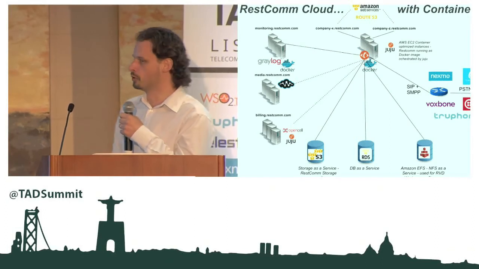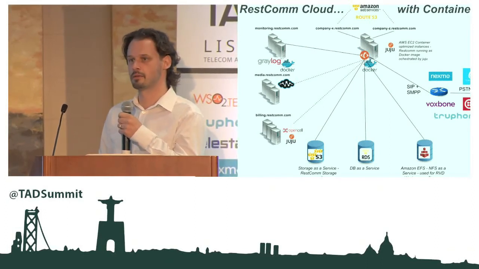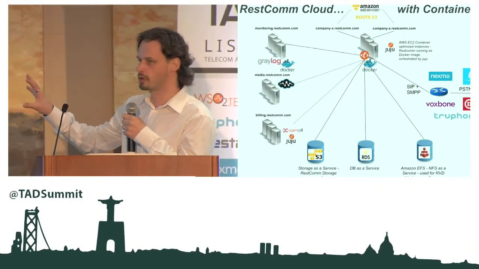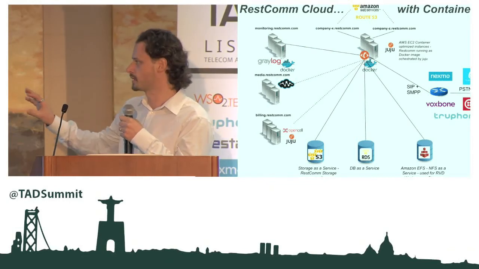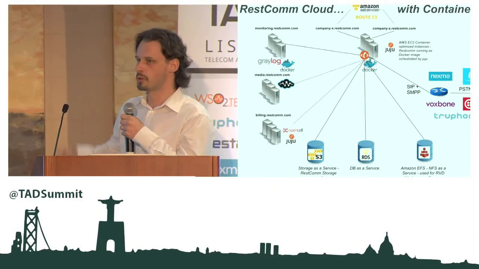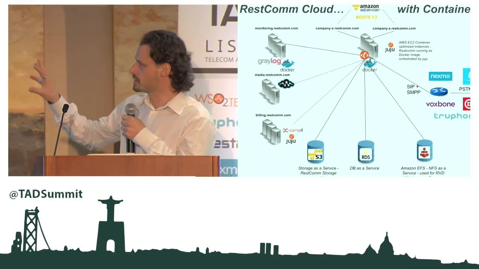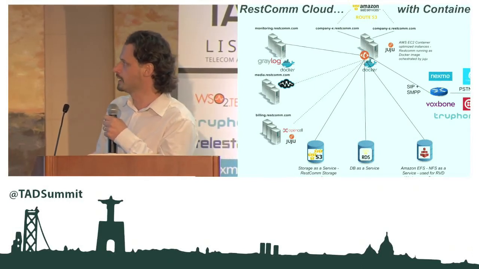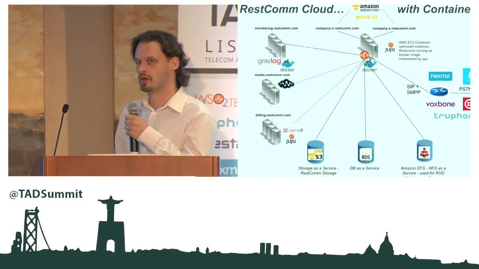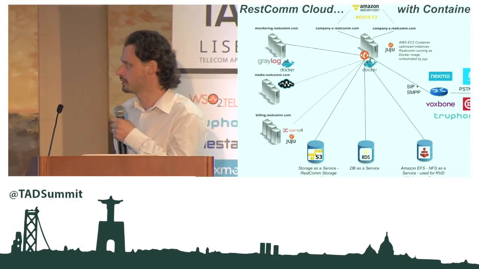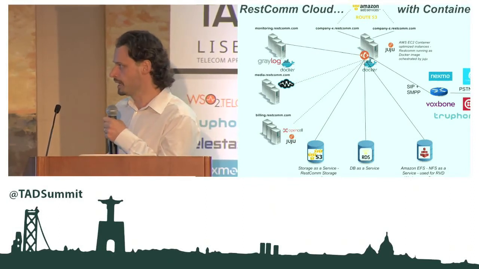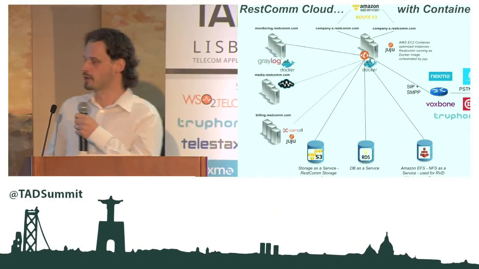The goal, as in the TADS mindset, is to bring all the partners together. We will create the cloud as a blueprint of what you can do with open source technology and with all the partners. So using Juju and Docker for running the RESTCOM cloud, connecting with various Amazon services for the backend and for the DNS, partnering with a number of partners for the PSTN and termination, doing some media with Dialogic XMS, billing with OpenCell, and some monitoring with Graylog.